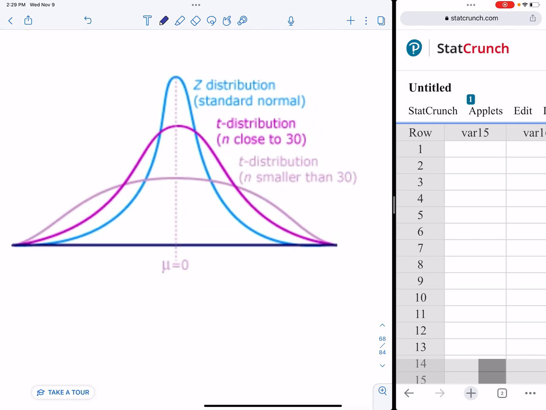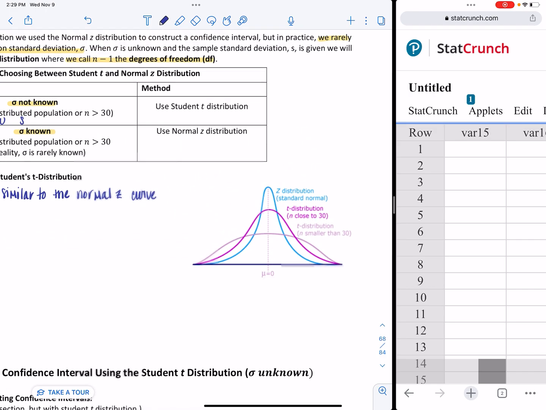If you look at the picture, you can still see they start low, they go up high, and go back low again.